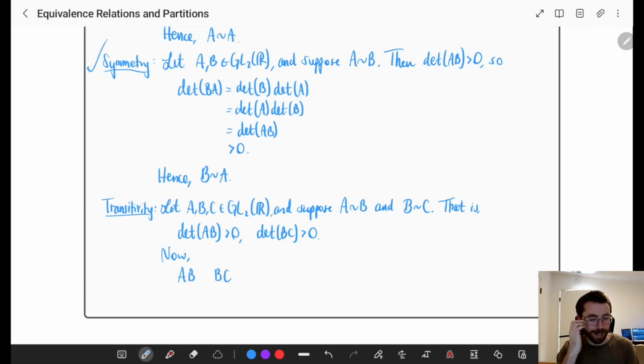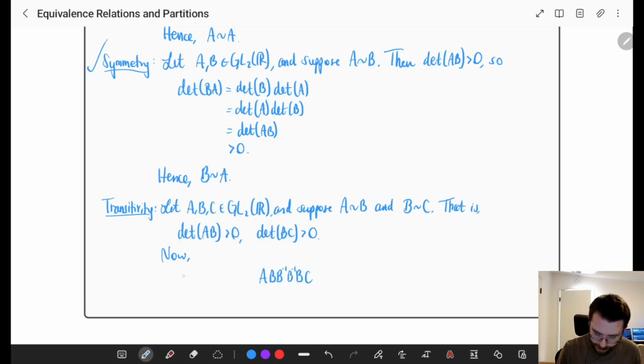But I left a gap there because that's not the most useful thing. Keep in mind, this might not end up working, but I hope it does. I kind of want to get rid of these B's. I just want A and C left. So what if I multiply by the inverse? We know they're invertible matrices. They have inverses. So I could look at that. That's equal to AC.